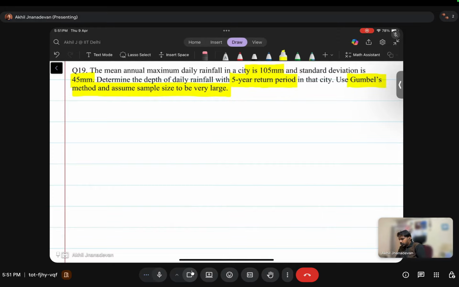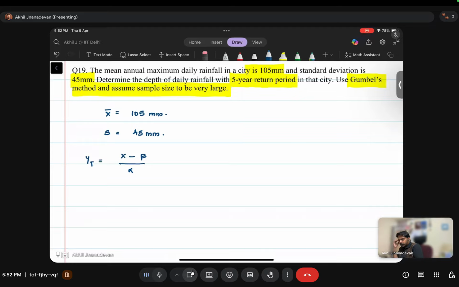For this, two things you need to see. We are given a sample. The sample has a mean X bar equal to 105 mm, and standard deviation S as 45 mm. In the case of Gumbel, there was a term inside the exponential, 1 minus beta by alpha, right? This we can call YT.